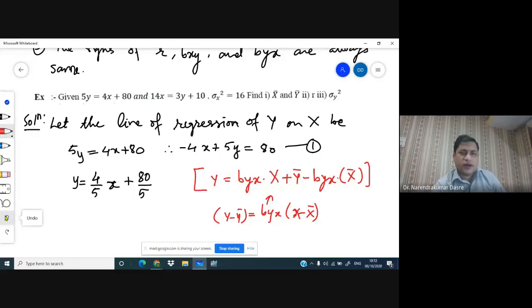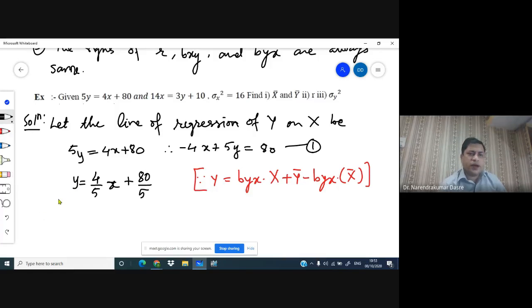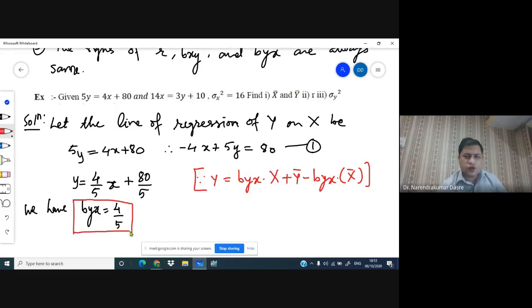And once I get the constant and the coefficient, I am able to write what is the byx. Hence, we have byx is equal to 4 by 5. Okay. So how do we get it? By comparing the equation to the formula of line of regression. So I assume this is equation 2.